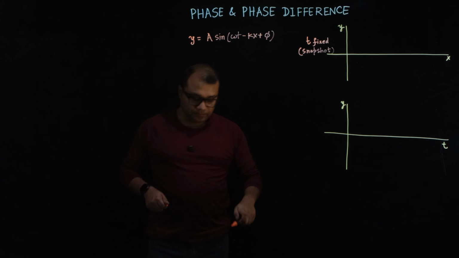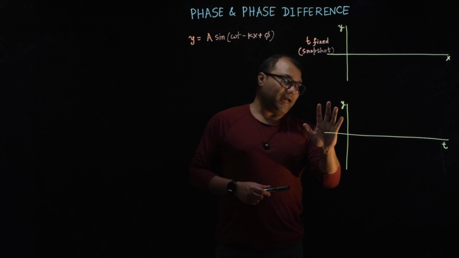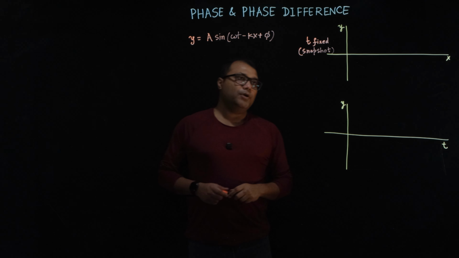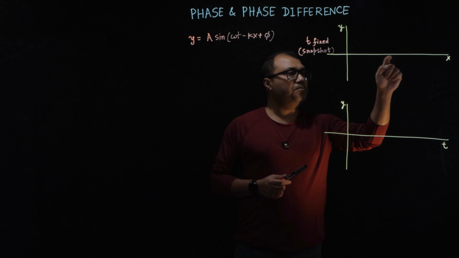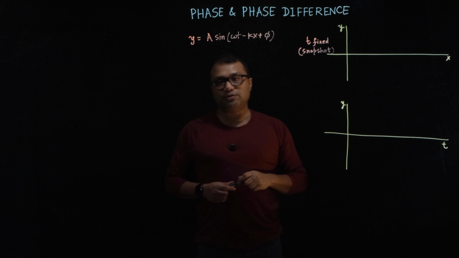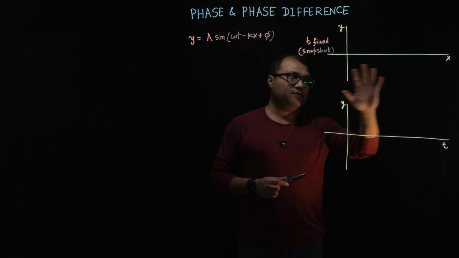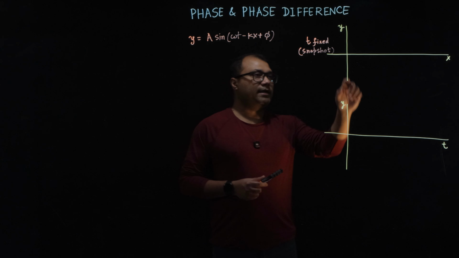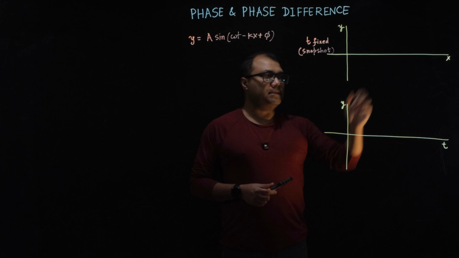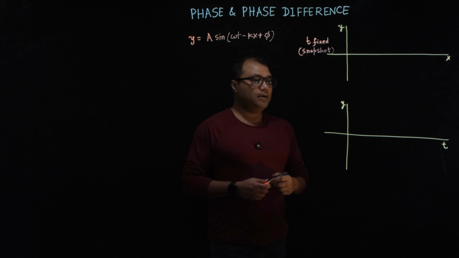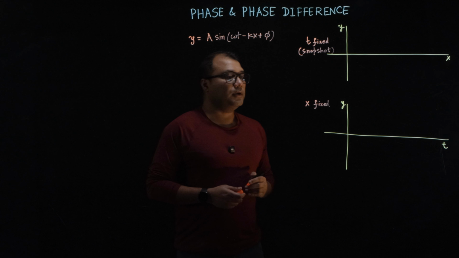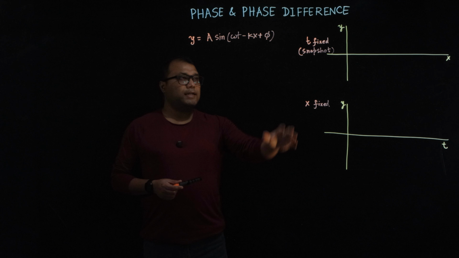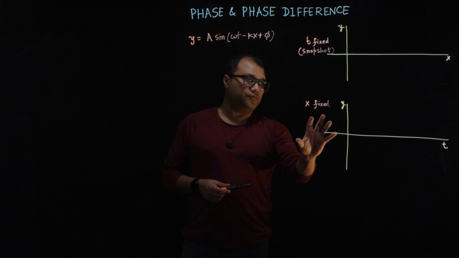Okay. Now, when we plot y versus t, here we are focusing on maybe one of the particles in the medium in which the wave is traveling. So maybe at x equals 0 or at some other point. So we are fixing x. Okay. Here time was fixed, here x is fixed.